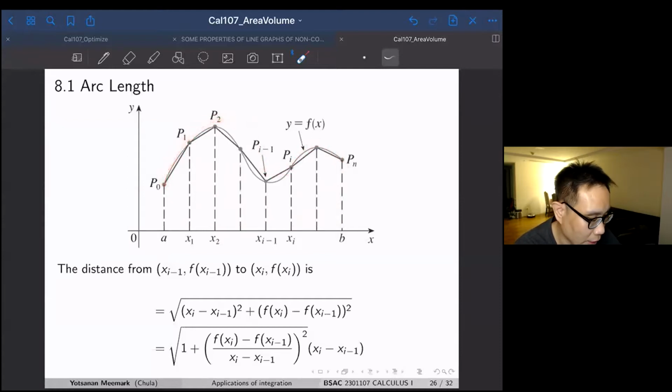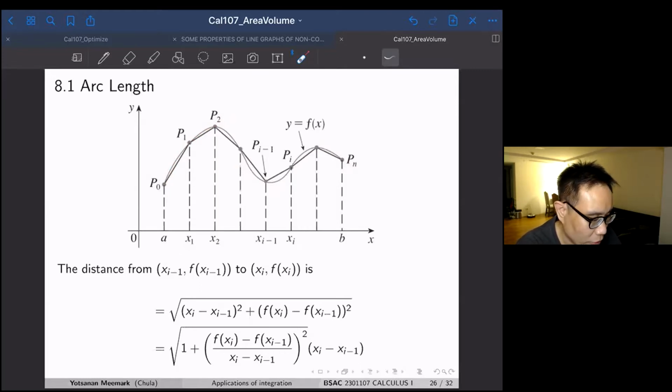So you see that for this problem, you would like to know the length of the curve instead of the area or the volume. In this case, we're going to use the Riemann sum again, on the distance between 2 points on the curve.